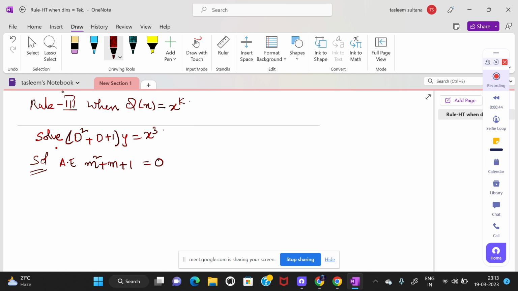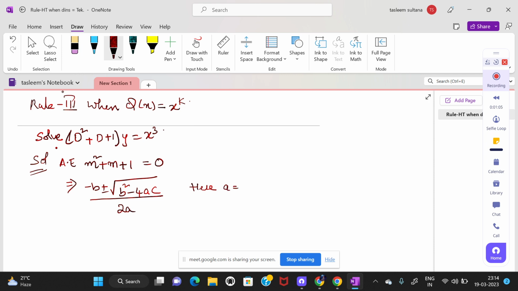So you are going to use the formula for finding the roots: minus b plus or minus under root of b square minus 4ac, divided by 2a, where a is the coefficient of d square. So a equals 1, b equals 1, and the constant c equals 1.